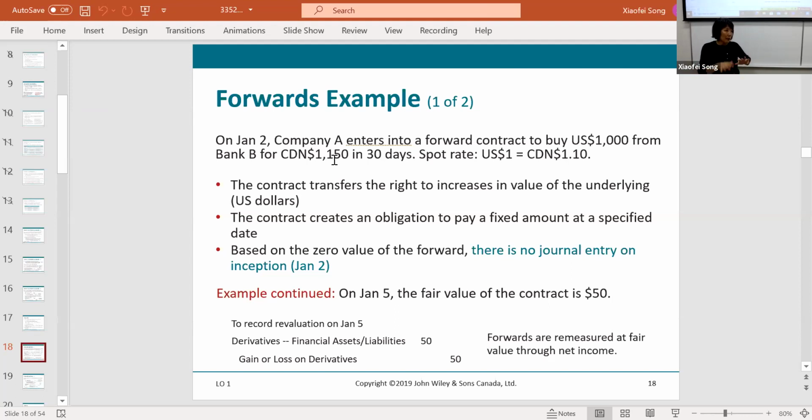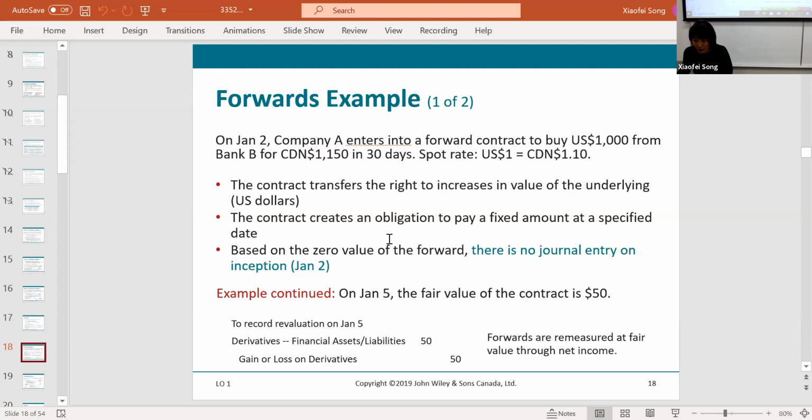That's a firm commitment. And if the $1,000 is worth more than that, too bad for the bank. If 1,000 US dollars is worth less than 1,150, then too bad for company A. But at the time it's neutral. At the time the contract is entered, no money changes hands, so there is no recording to be made.